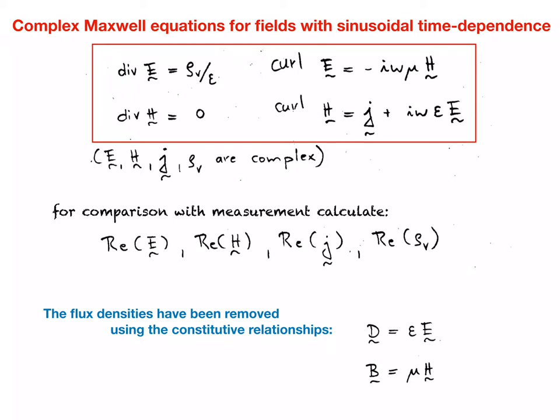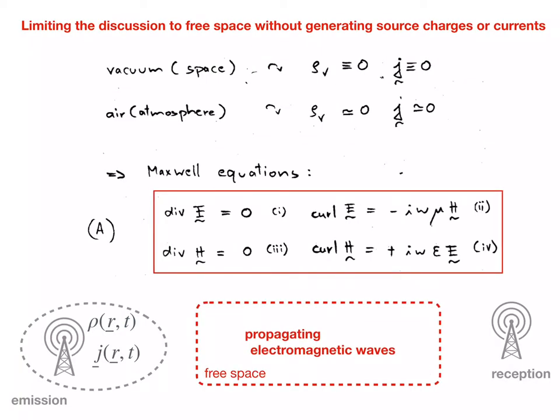This set of four equations is still somewhat complicated because it contains the charge density ρV and the current density J. Since we are primarily interested in the propagation of electromagnetic fields as electromagnetic waves, and not so much in how electromagnetic waves are generated or how they may be received, we can limit the discussion to free space, where there are no generating source charges and no currents present.